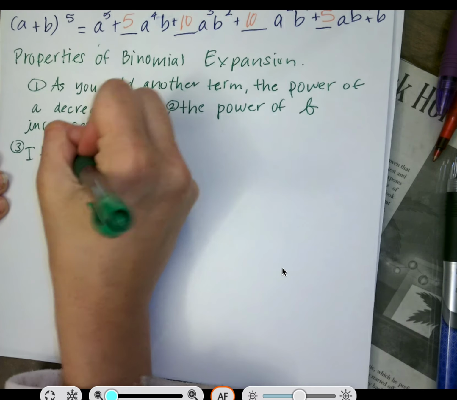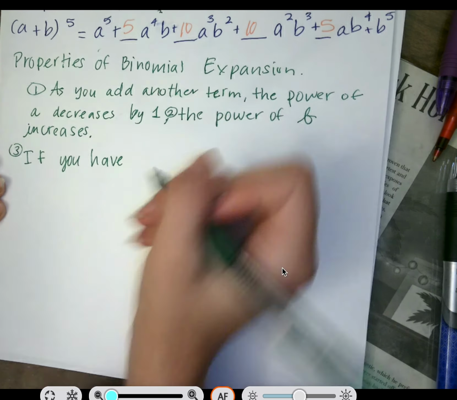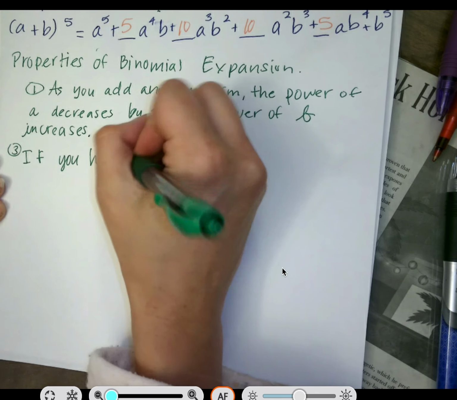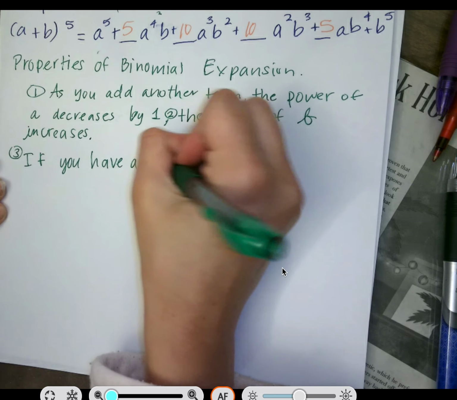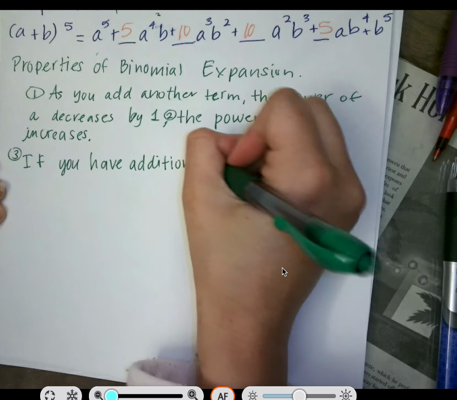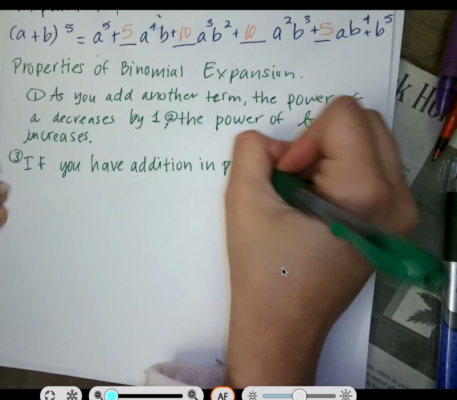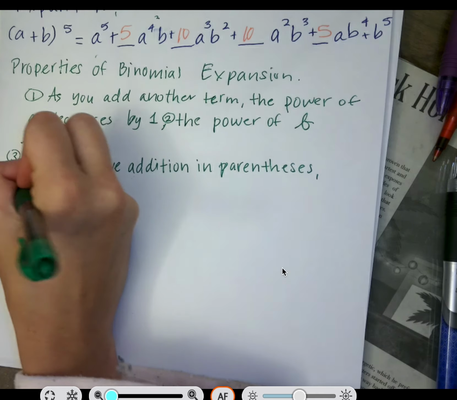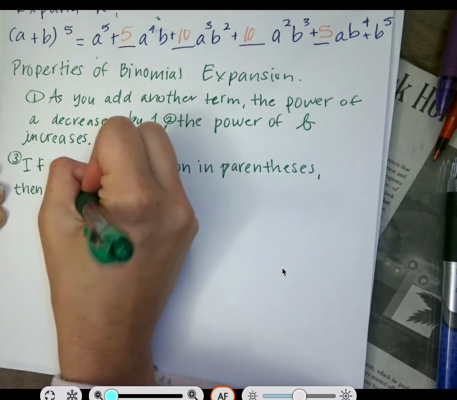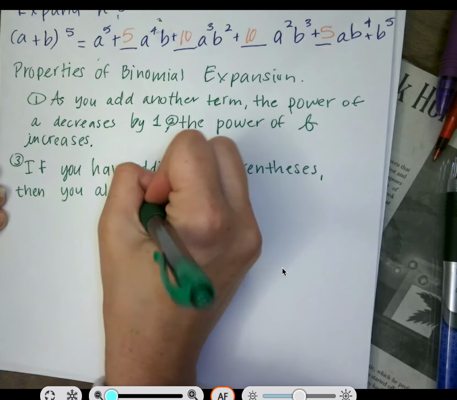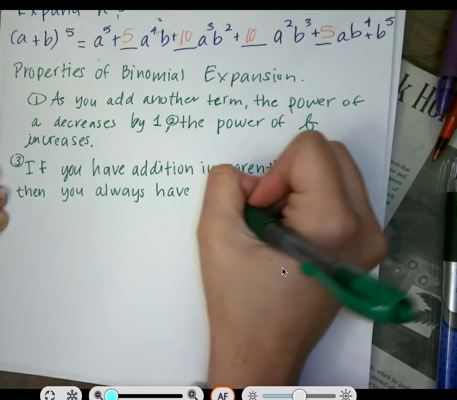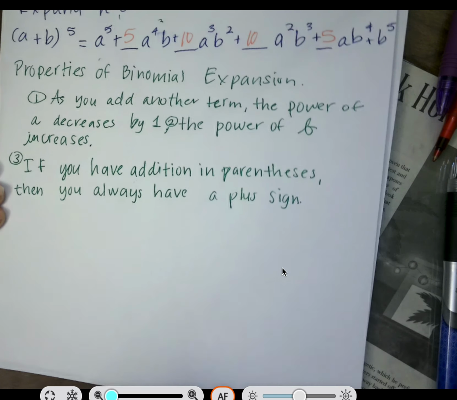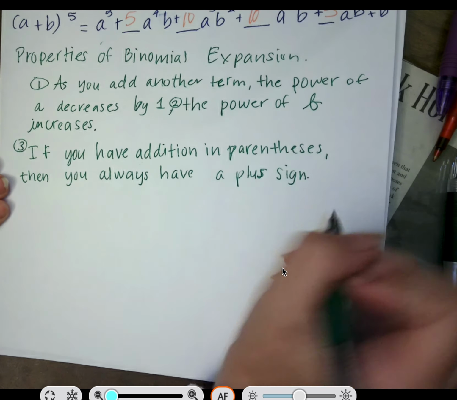If you have addition going on inside the parentheses, if you're adding two numbers together like you are in this example, then you always have a plus sign before each new term, right?